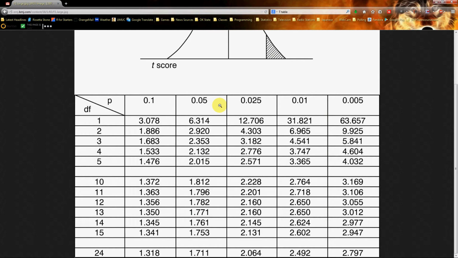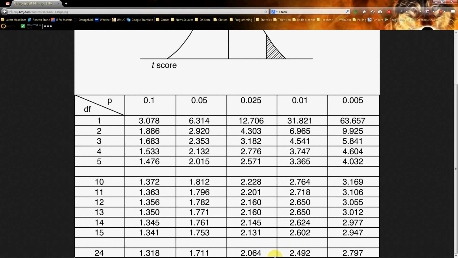Another example, say the degrees of freedom is 30 and the t-value is 1.8. So we scroll down to, there's no 30 on this table. Okay, let's change the problem then. Let's say it's 24 and the t-value is 2.08. Go down the degrees of freedom side to 24, go across till you see 2.08.